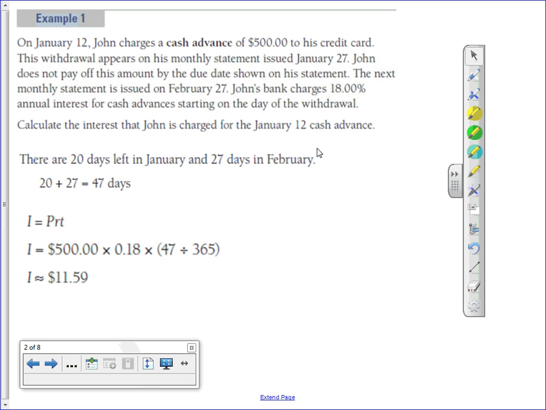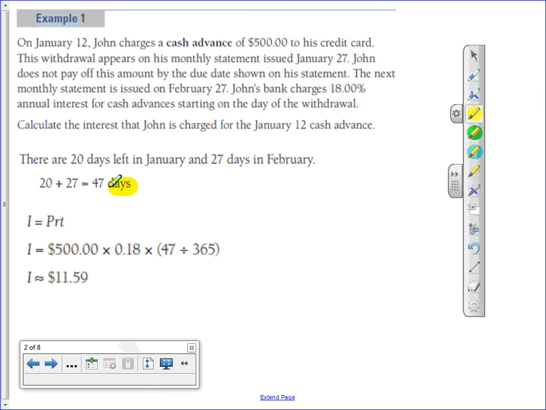So we got to figure out the interest that he was charged from that cash advance that he did on January 12th. The statement came out on the 27th. So first we got to figure out how much time went by. So from the 12th of January to the 27th of February is 47 days.